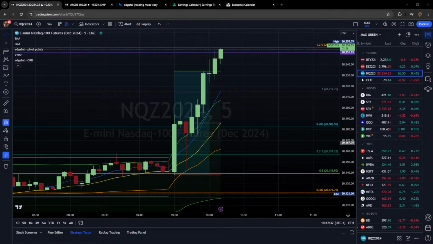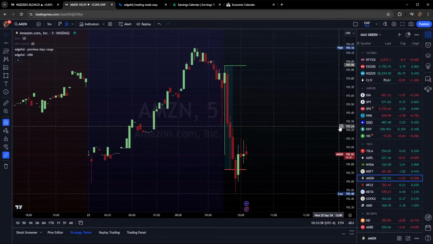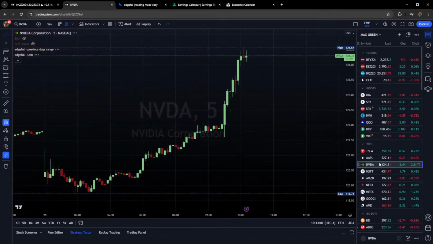All right, there's that level. Let's see if it rejects. This is still pretty strong. It probably wicks above and then does something. We're looking way too strong to try this short, but since we're on stream, I thought I'd try it light.